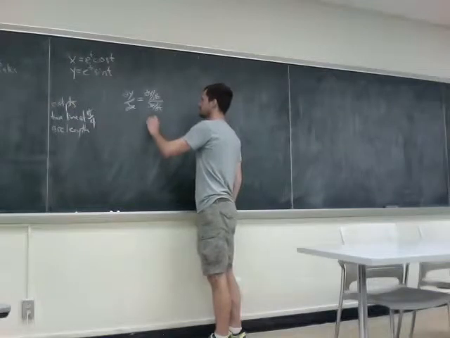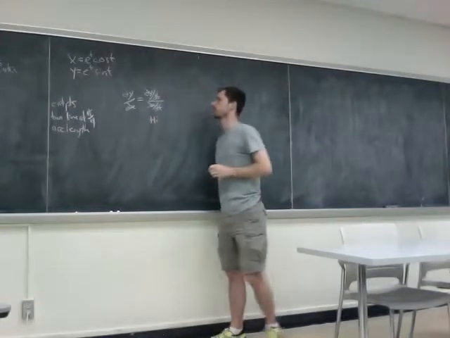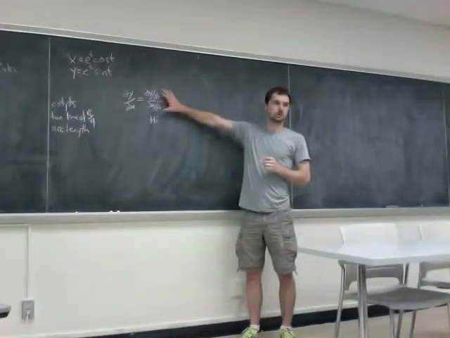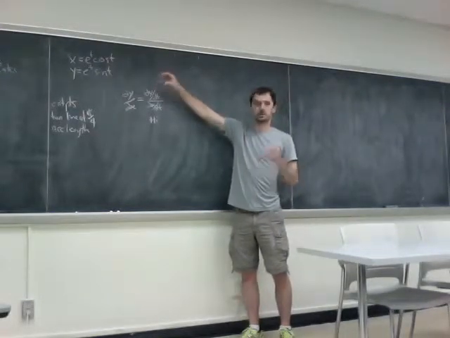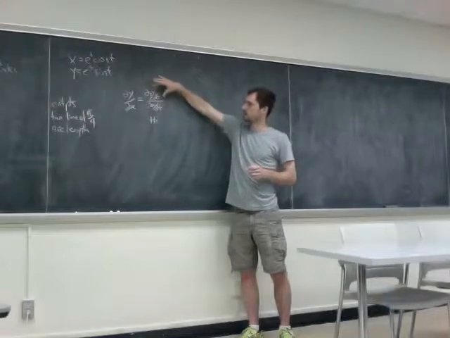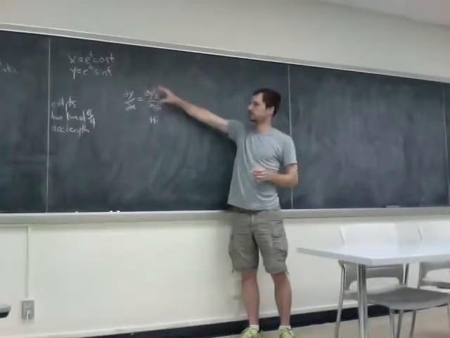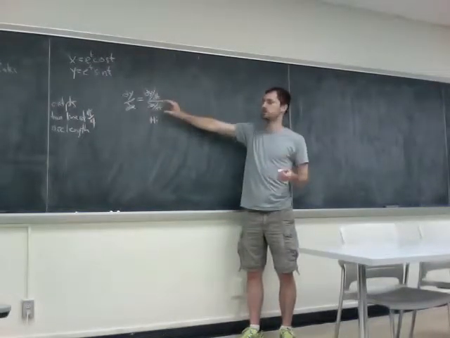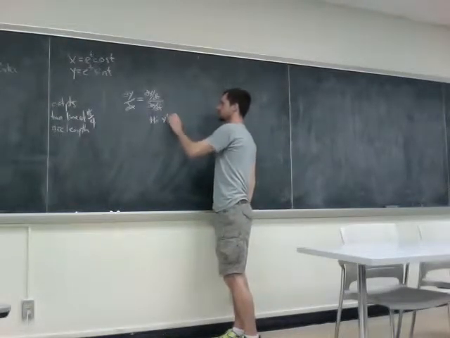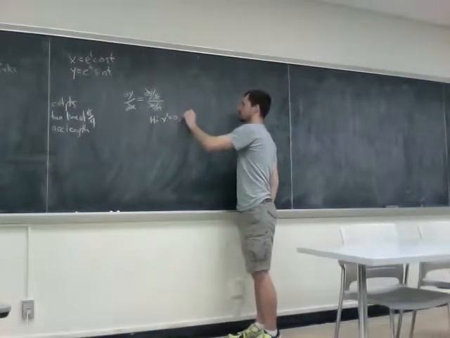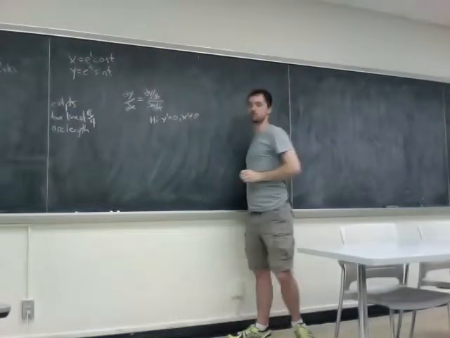So we want this fraction to be 0, which is to say we want this bit here to be 0, and we want this bit not to be 0. So we want y prime to equal 0, but we want x prime to not equal 0.